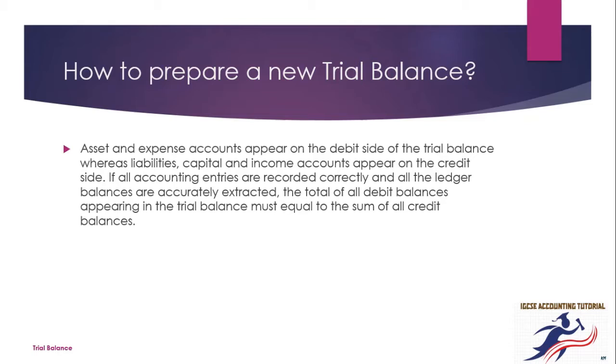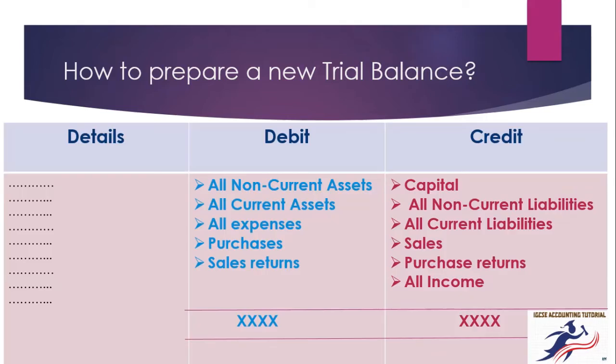I'm going to show you very soon how and where. Whereas liabilities, capital and income accounts appear on the credit side. If all accounting entries are recorded correctly and all the ledger balances are correctly extracted, the total of debit balances appearing in the trial balance must equal the sum of all credit balances.